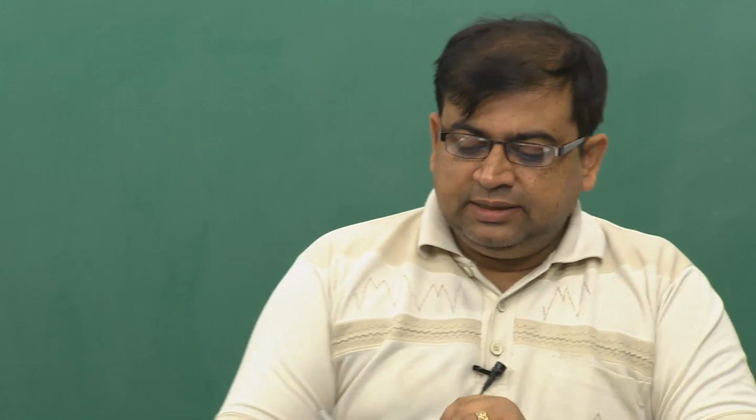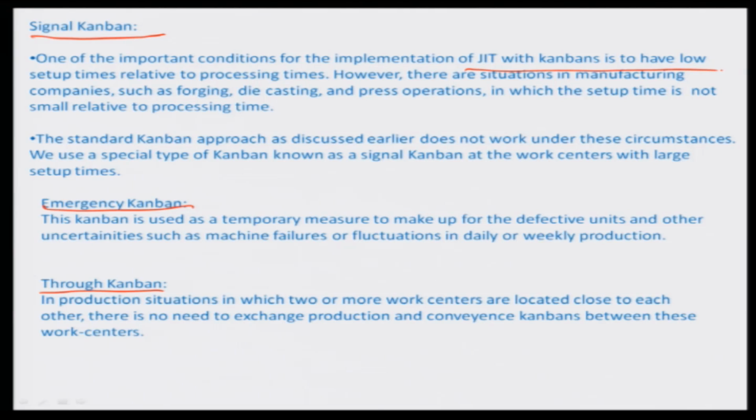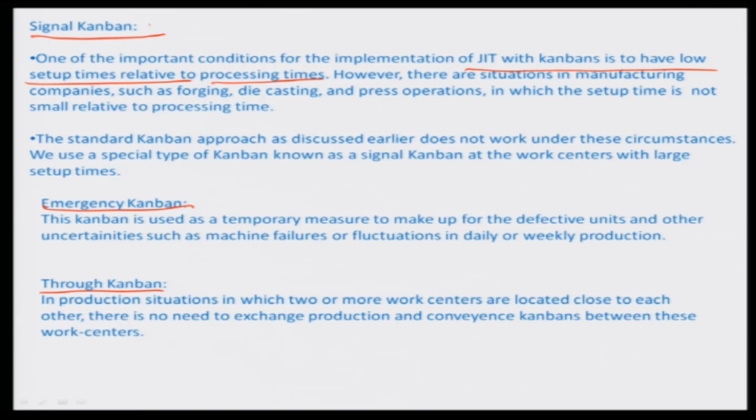One of the important conditions for implementation of JIT with Kanbans is to have low setup times relative to processing times, but this is not always the case, and so you have to use a technique where instead of a one by one withdrawal of the item, there is a lot by lot withdrawal of the item, and that is known as a signal Kanban.